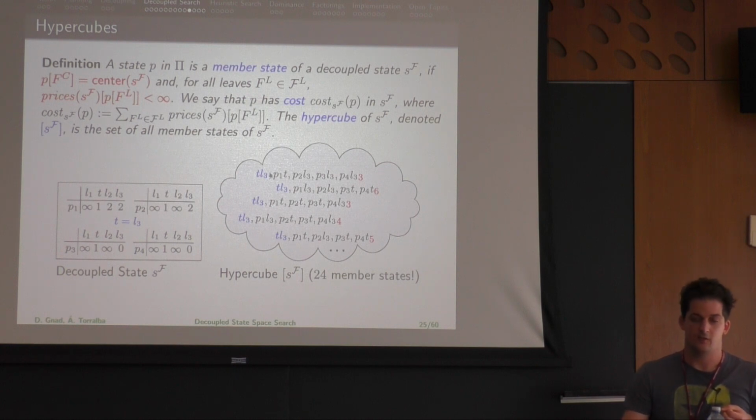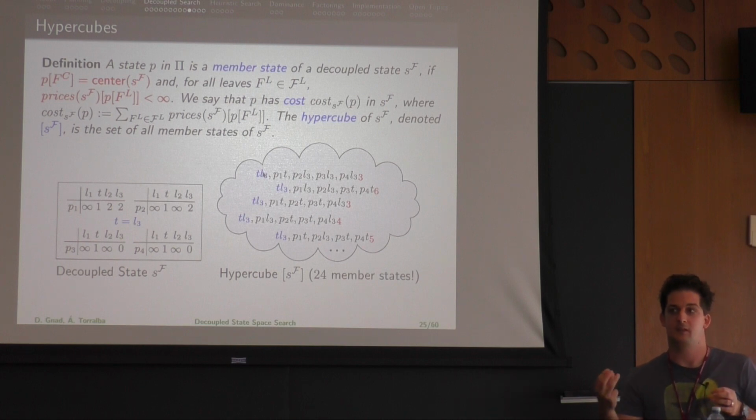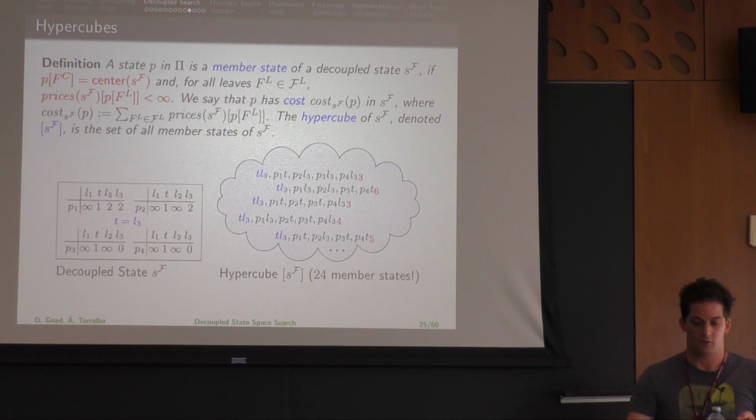It's all combinations of states that have the same center, plus all possible leaf state combinations. So basically what we can choose from package 1 is these 3 leaf states. This is multiplied with all choices that we have for package 2, multiplied with all choices for package 3, and the same for package 4, which results in 24 possible states.